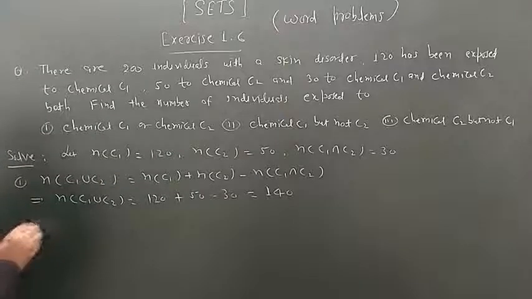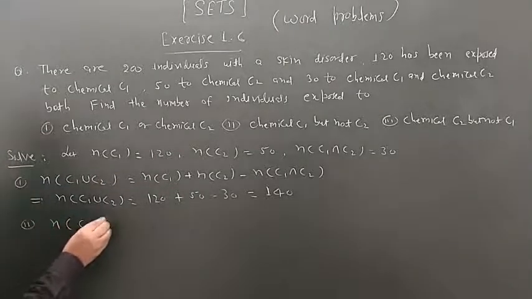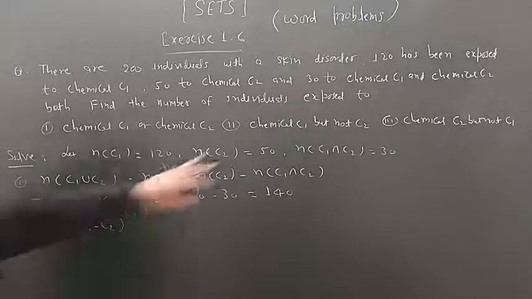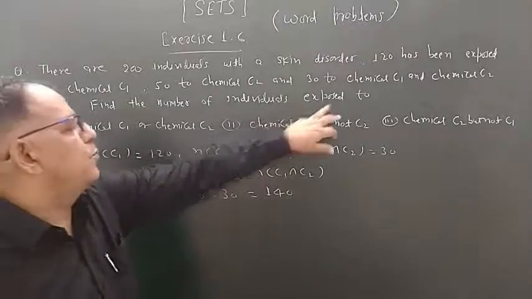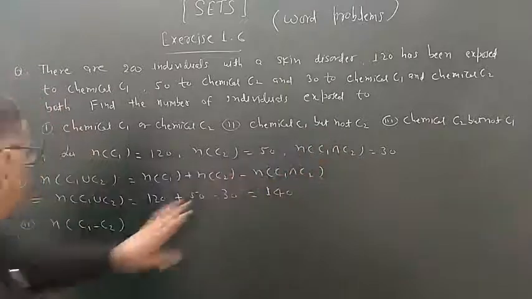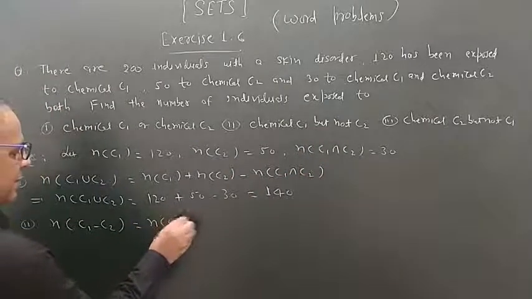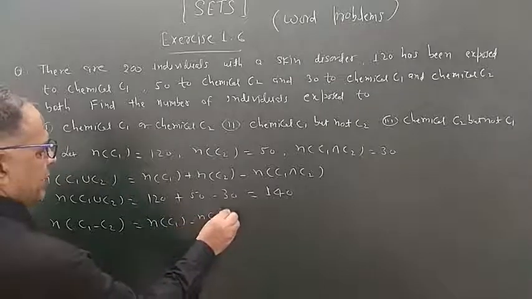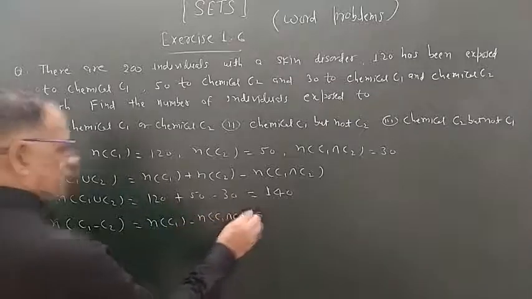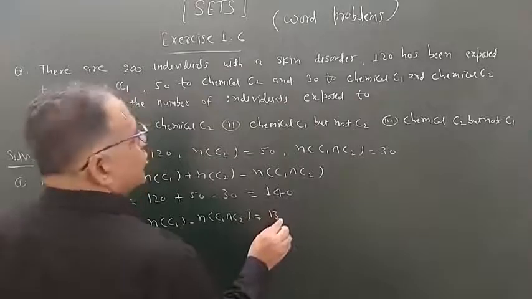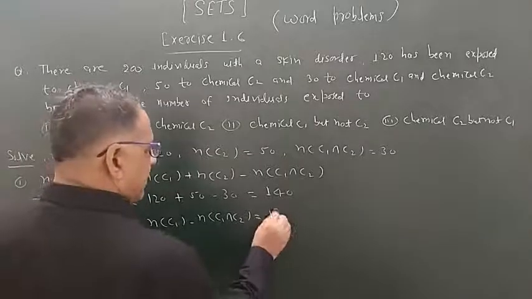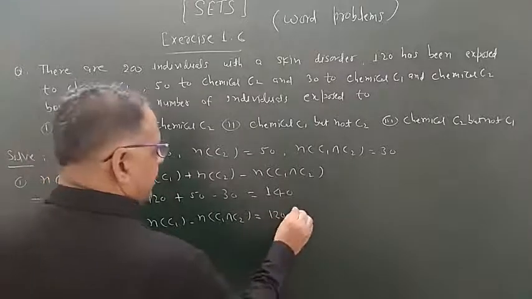Second part, n(C1 minus C2), individuals exposed to chemical C1 but not C2. This is indicated by C1 minus C2. That means n(C1) minus n(C1 intersection C2), that means 120 minus 30.